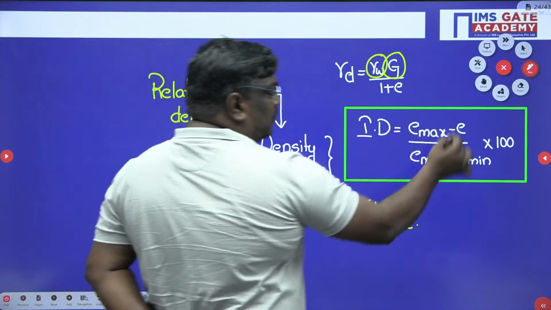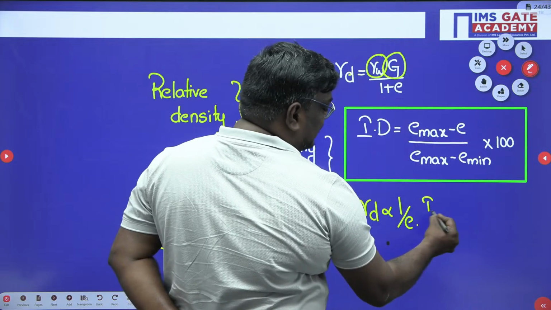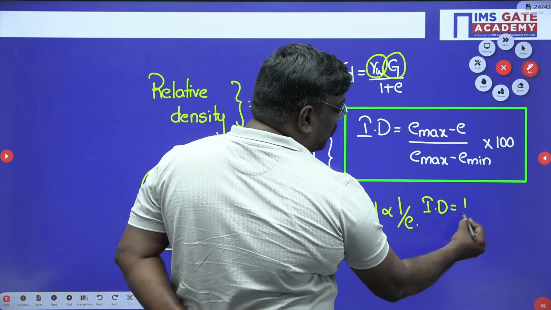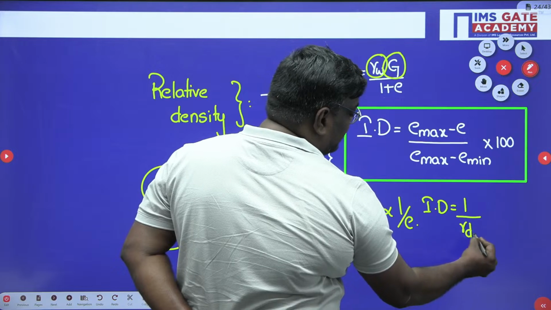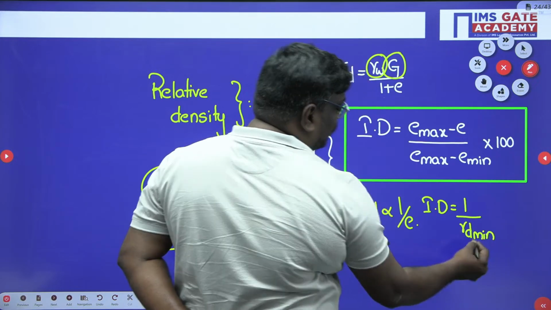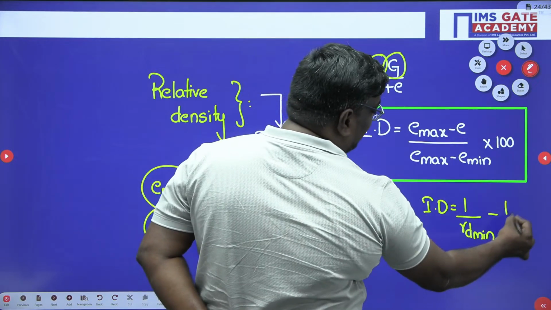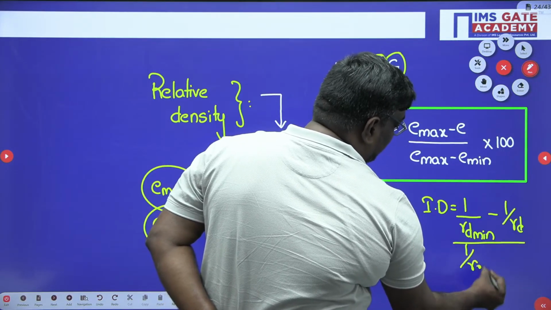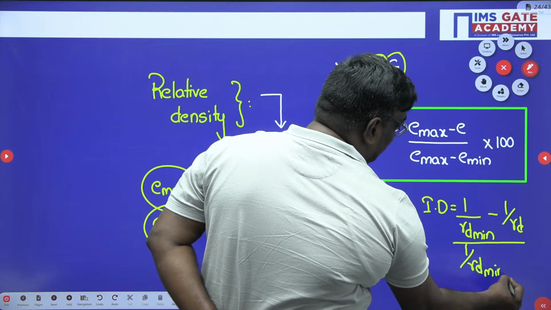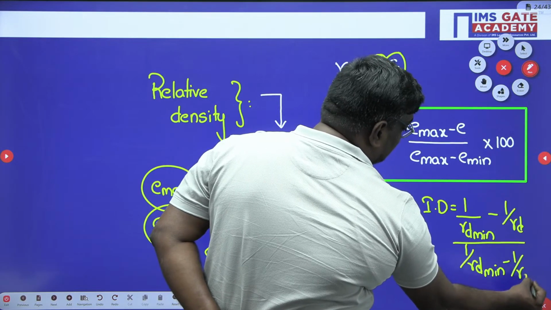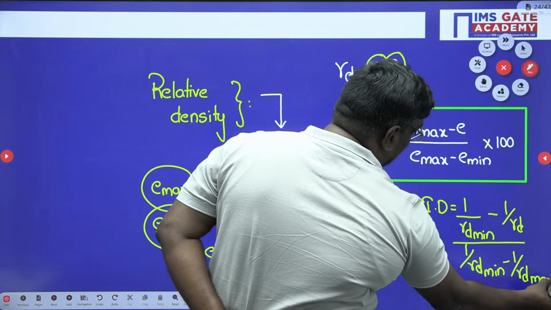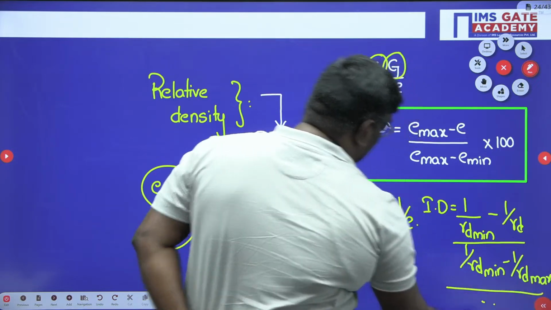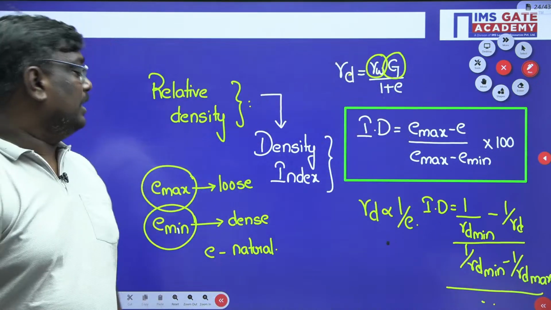So the density index can be written as (1 by gamma_d min minus 1 by gamma_d) upon (1 by gamma_d min minus 1 by gamma_d max). This is the relation asked in GATE 2024.